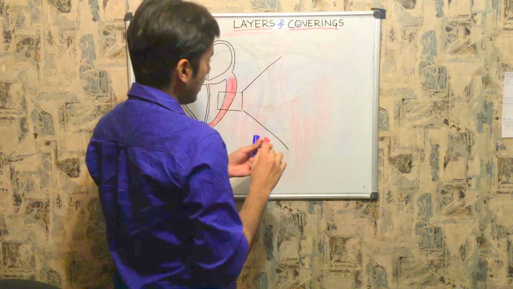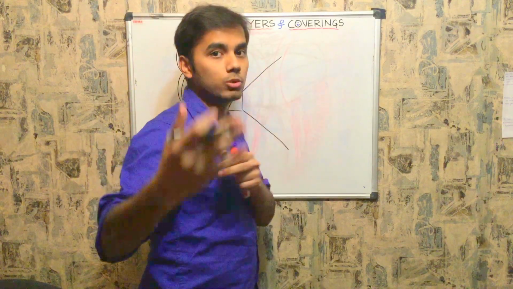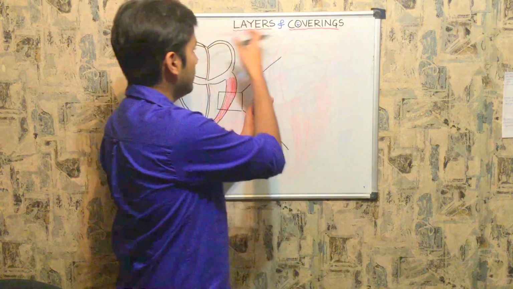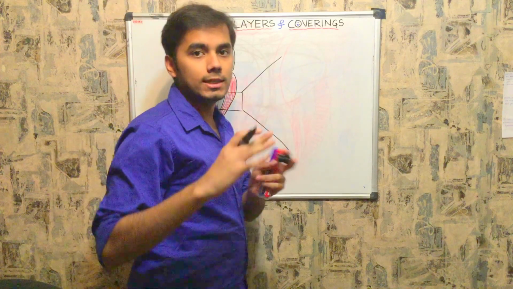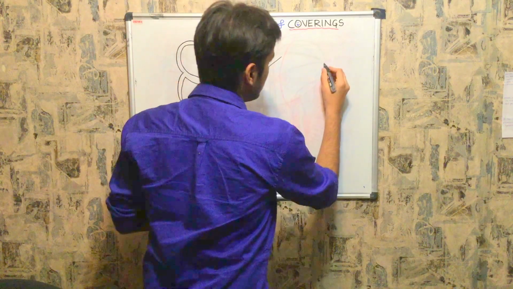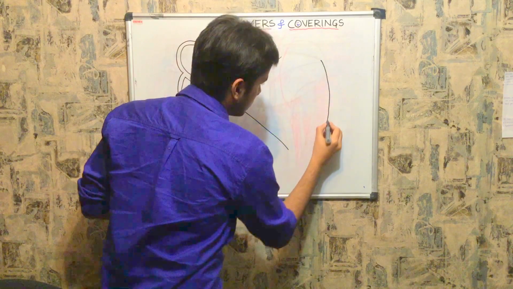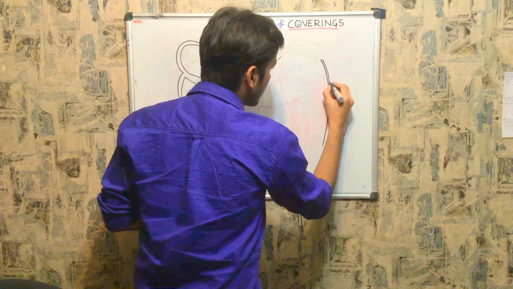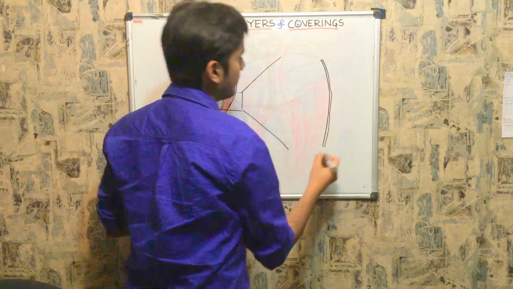The outermost layer, outer or uppermost, you call it as epi, right? And the subject related to the heart, you call it as cardium. So in total it is epicardium. So this is your outermost layer of the heart, and you name it as epicardium.